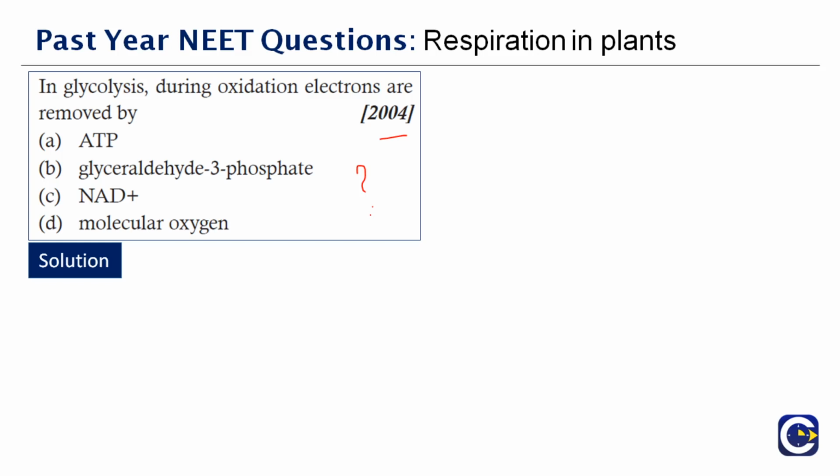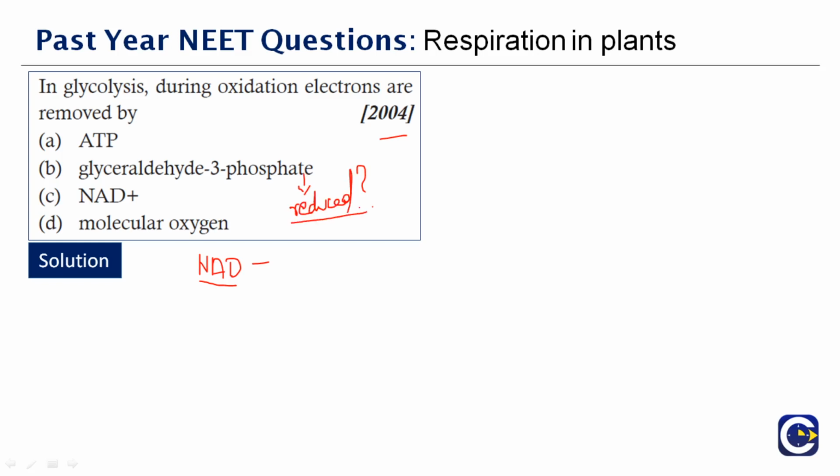Now, what does NAD stand for? Nicotinamide adenine dinucleotide. So that is the full form of NAD. NAD+ is the answer. ATP is the energy currency in all the cells. Glyceraldehyde 3-phosphate is reduced during the process, so it is not involved in oxidation.